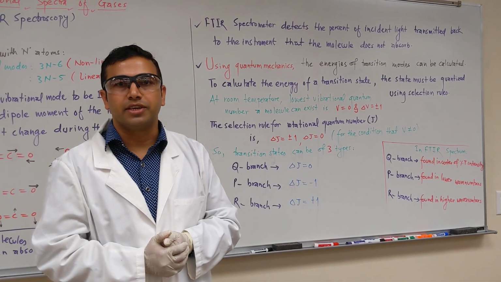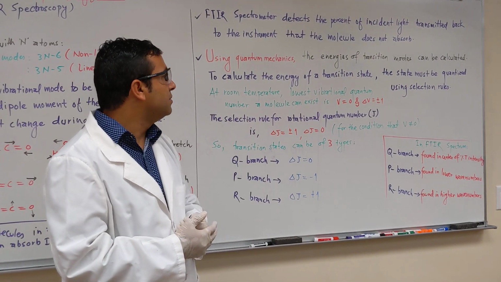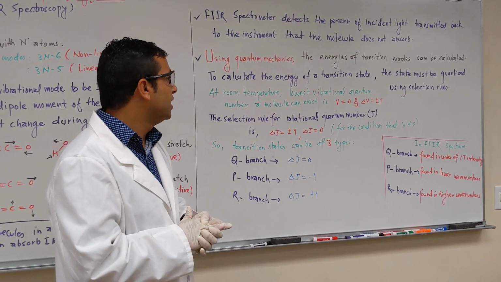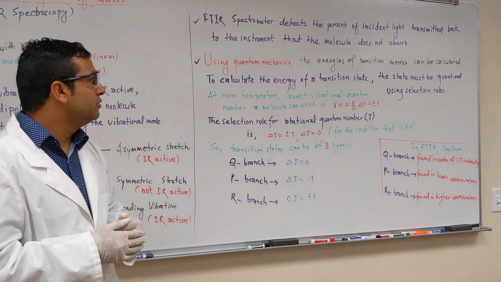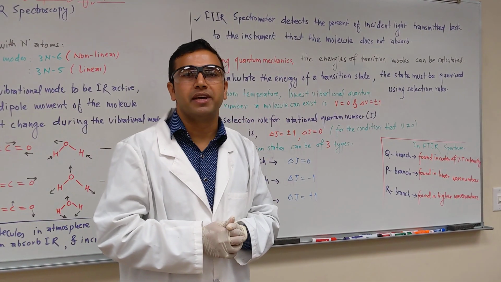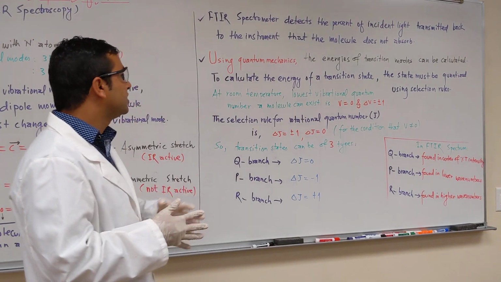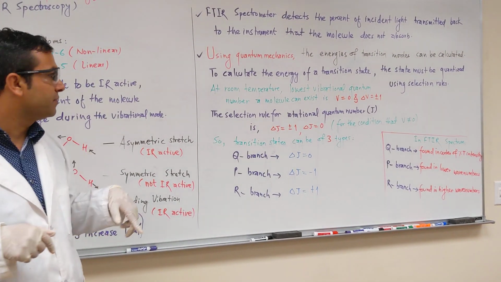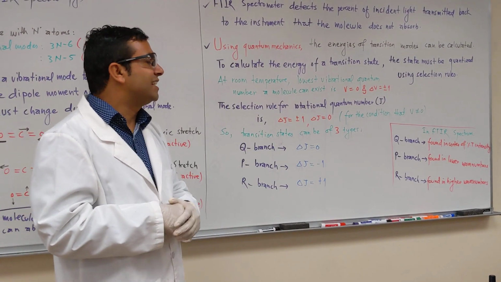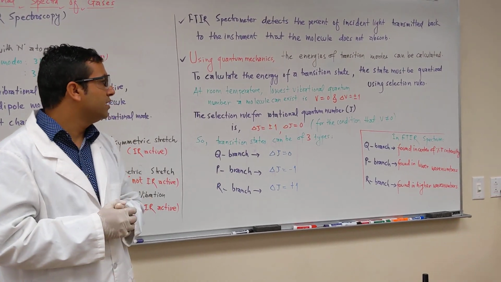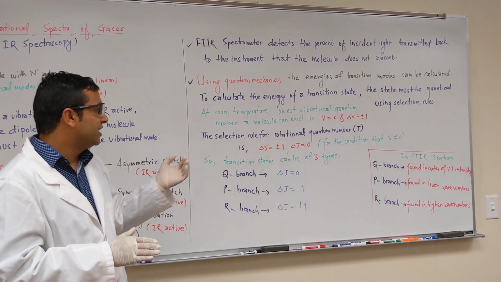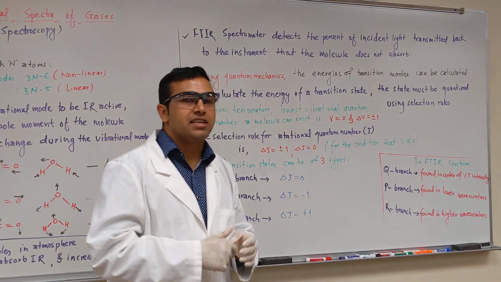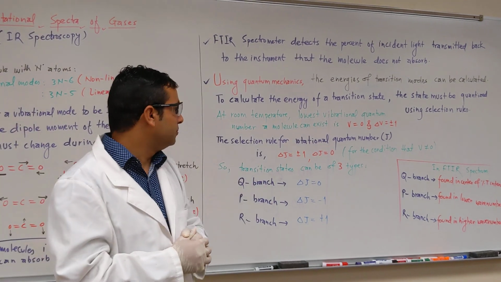At room temperature, the lowest vibrational quantum number a molecule can exist in is V equal to 0, and delta V is equal to plus or minus 1, right? The selection rule for the rotational quantum number, represented by J, is delta J equal to plus or minus 1 and, for the condition that V is not equal to 0, delta J equal to 0.